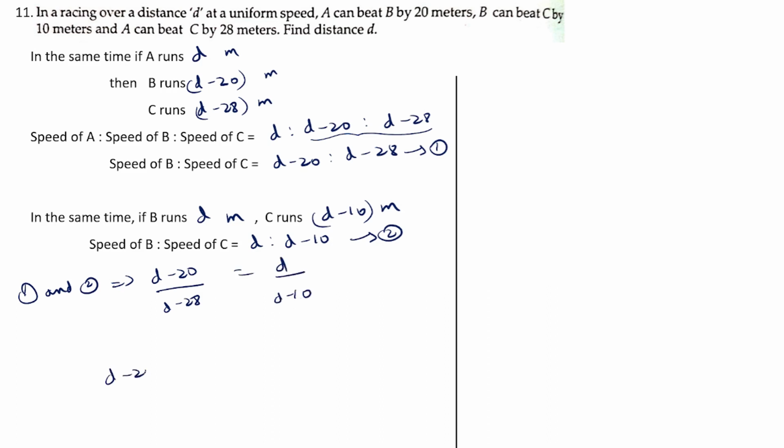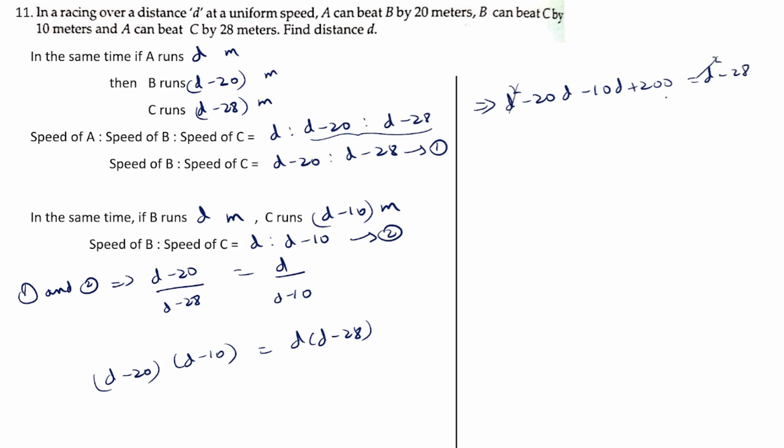So let us cross multiply: d minus 20 into d minus 10 equal to d into d minus 28. So from this we get d square minus 20d minus 10d plus 200 equal to d square minus 28d. So d square and d square will go. Minus 30d plus 200 equal to minus 28d.